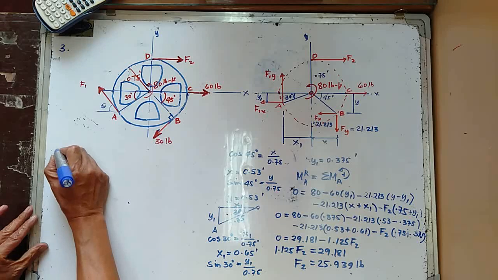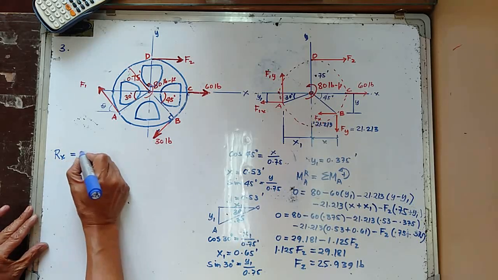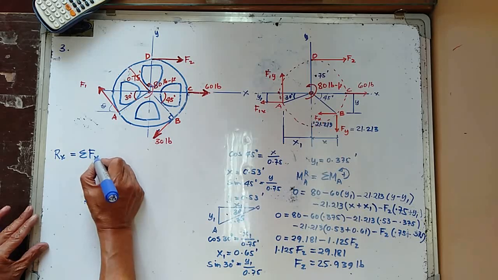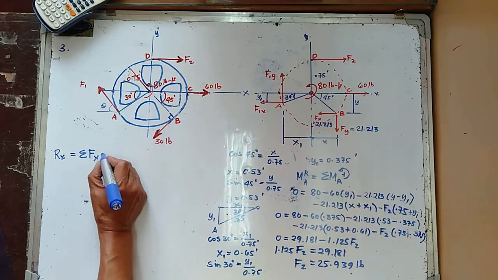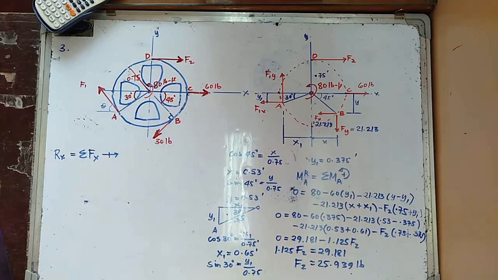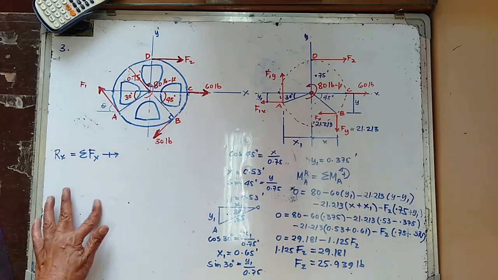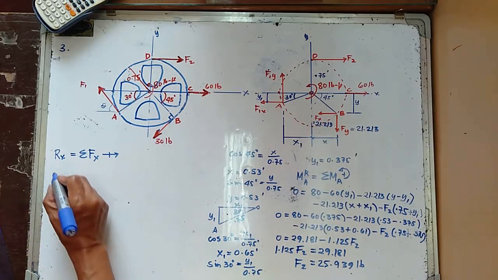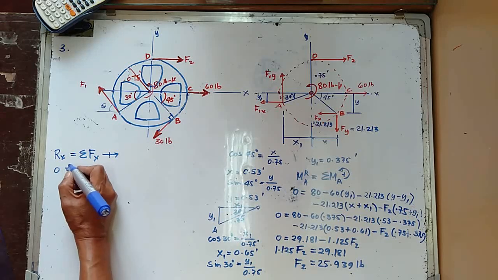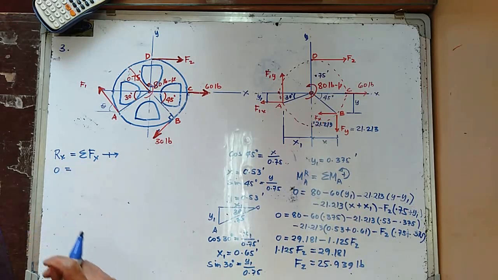Rx is equal to the summation of forces along the x direction. I'm going to consider forces to the right as positive. Since the resultant force is equal to 0, Rx is equal to 0.